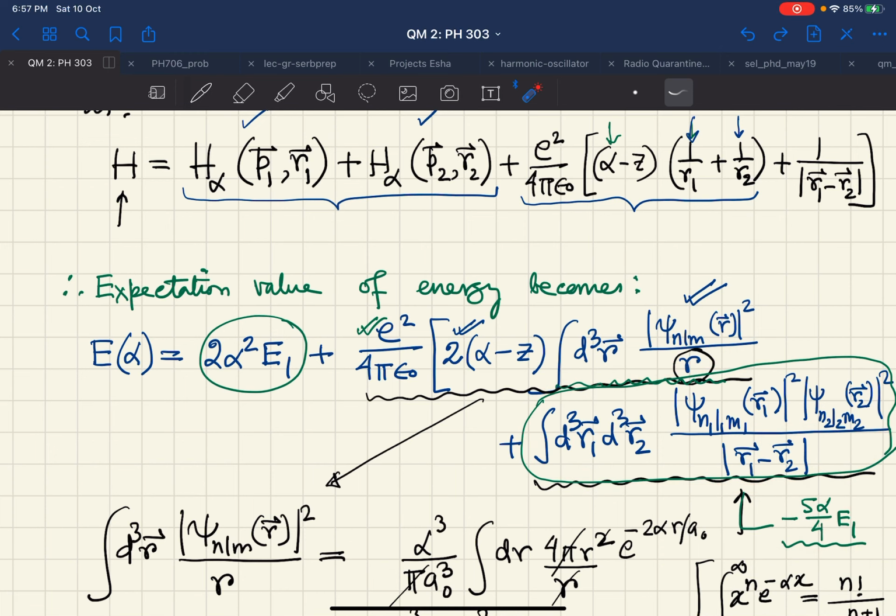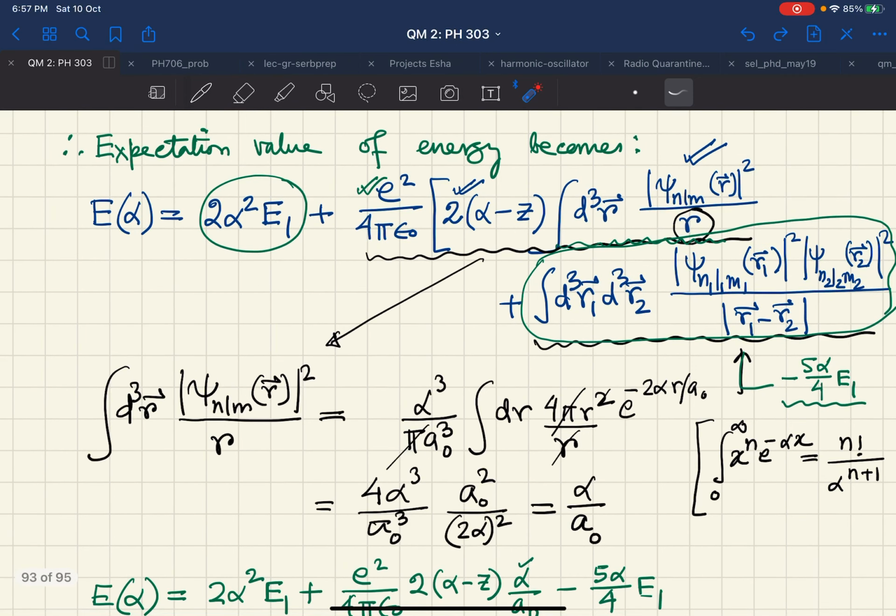So the remaining term, which is this one, can be easily calculated. If we look at this integral, we know what this psi NLM R is. It is basically e to the power minus alpha r by a0 into the square root of alpha cube by pi a0 cube.